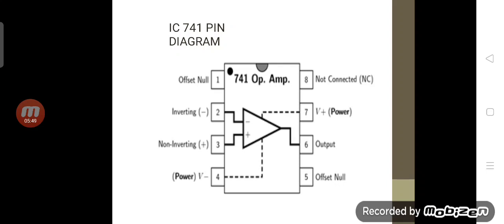This IC needs two power supplies, positive and negative, which are given at pin number 7, that is positive, and pin number 4, that is negative. Between pin number 1 and 5, an offset resistor is connected. Pin number 2 is called the inverting terminal, and pin number 3 is called the non-inverting terminal.